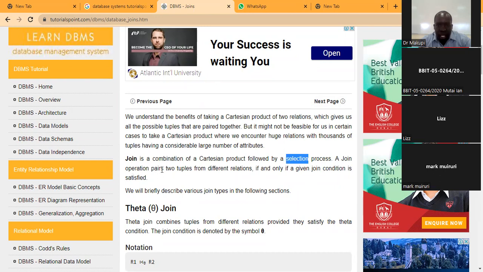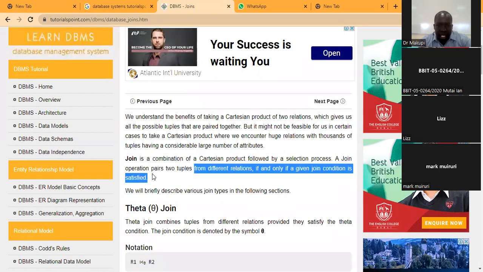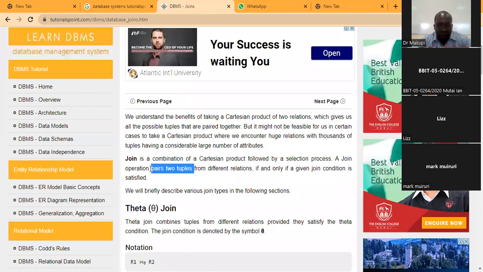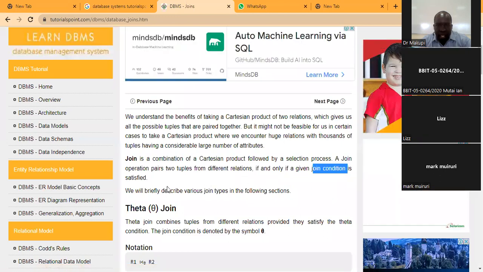So a join operation pairs two tables, as we have agreed. It's all about pairing these tables, or what we say columns, from different relations, if and only if a given join condition is satisfied. You will realize that we have different types of joins brought about by the different conditions that bring about that particular join.